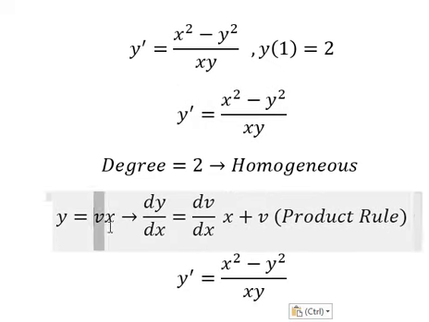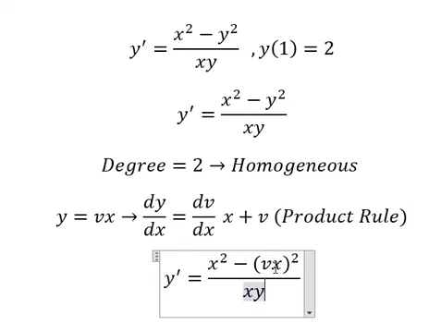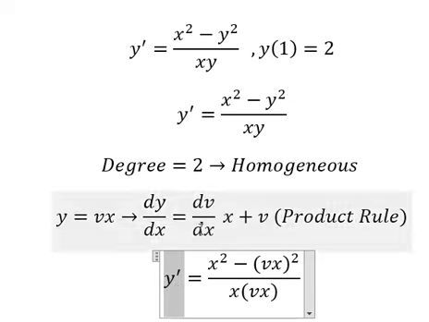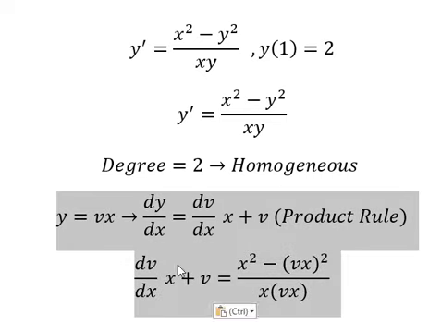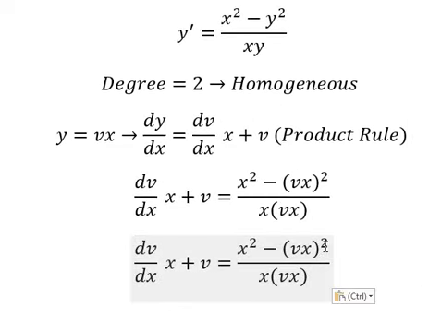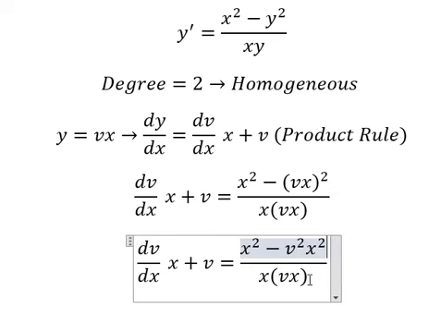So why we need to change by vx. And this one is about this one, so we need to change this one into this one. Now this one we have v squared x squared.